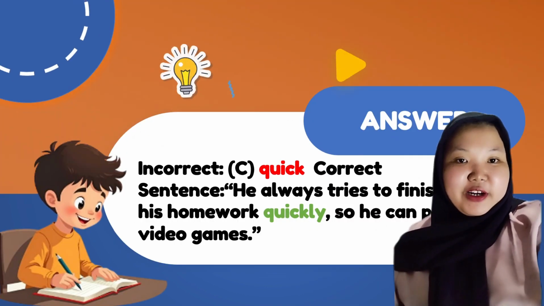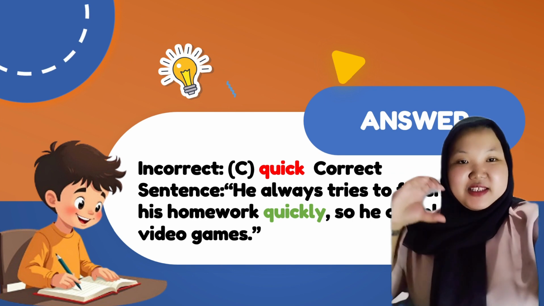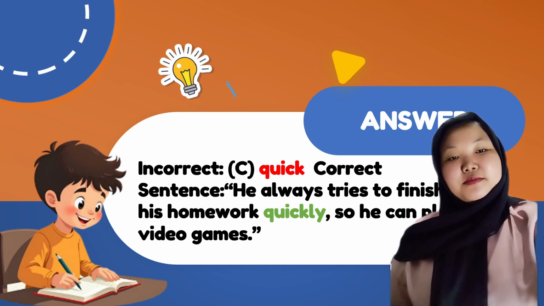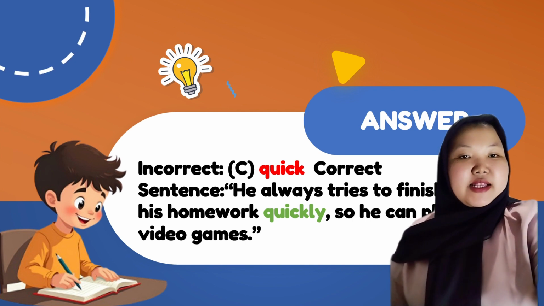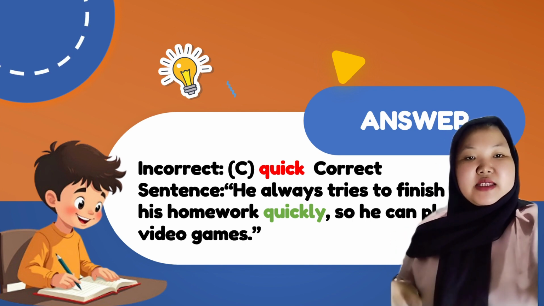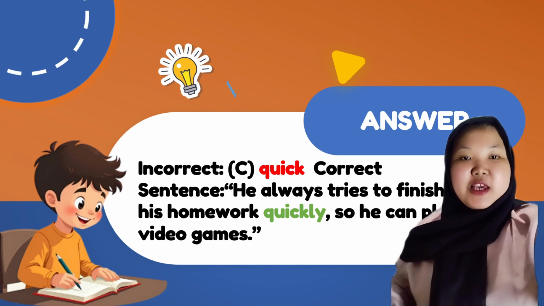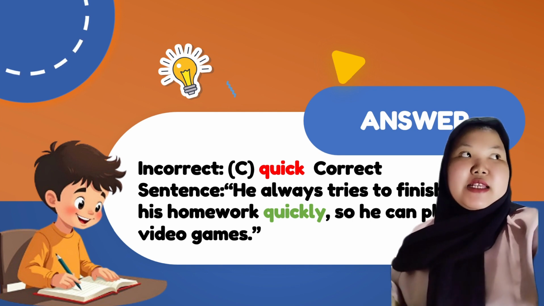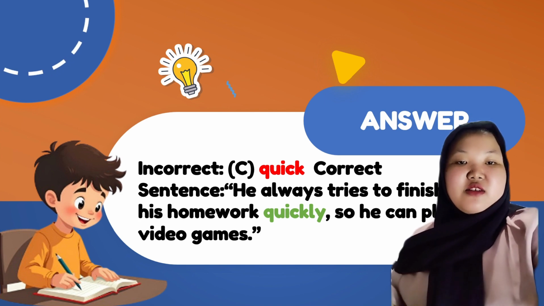The incorrect word is C, quick. The correct sentence should be: he always tries to finish his homework quickly so he can play video games while the break is done.